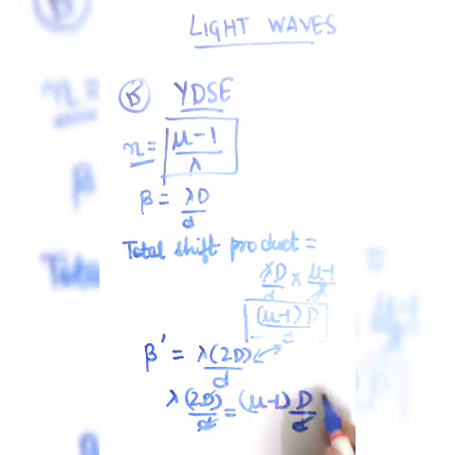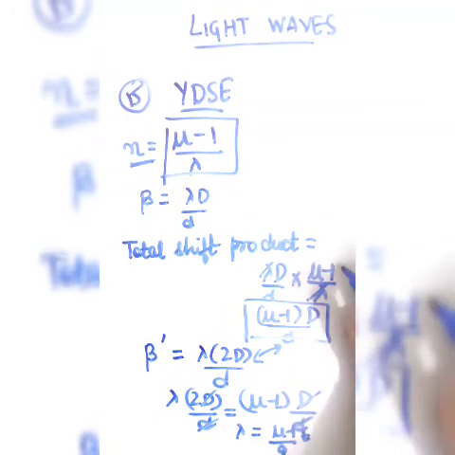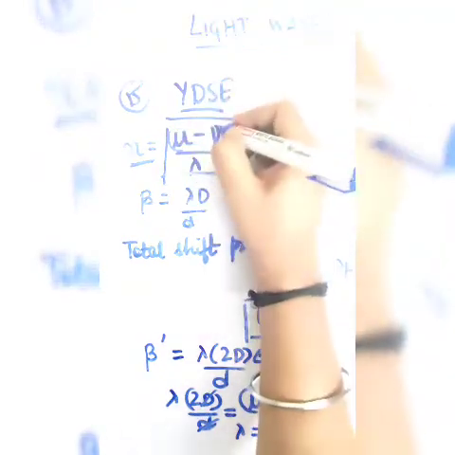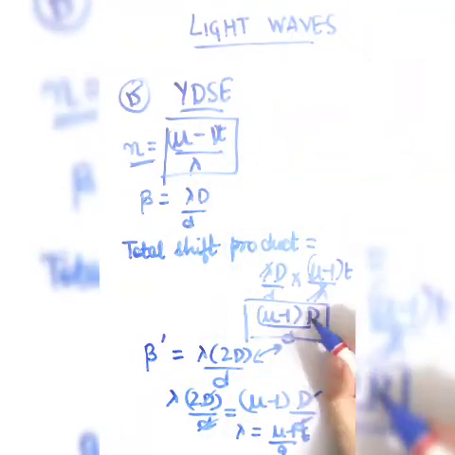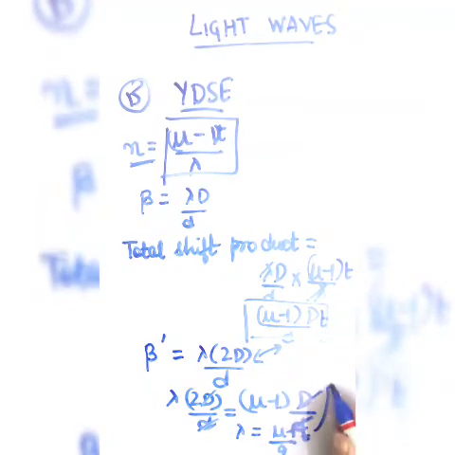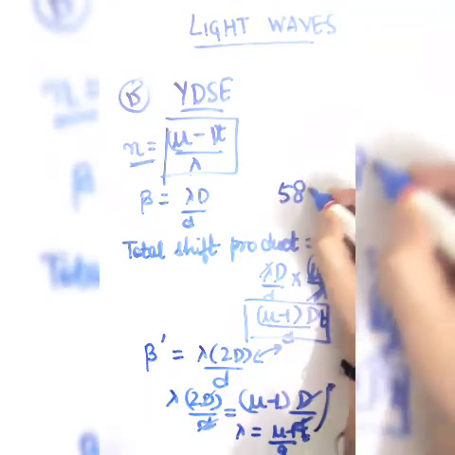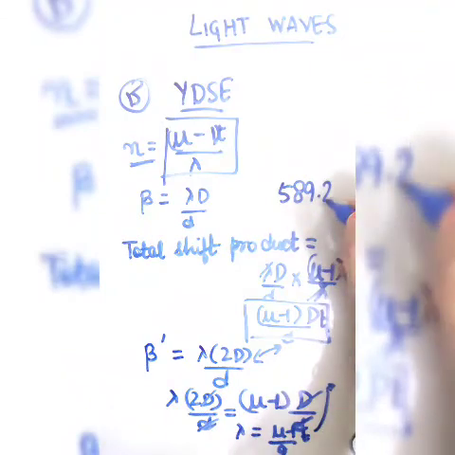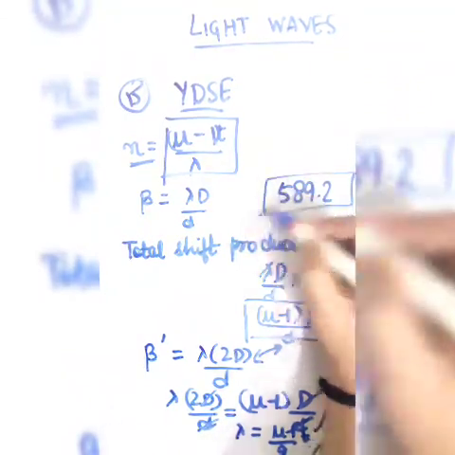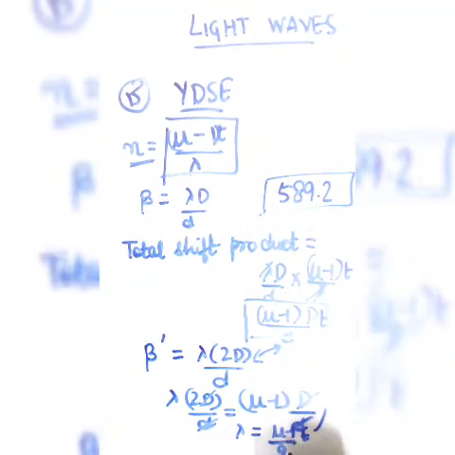Small d and capital D all get cancelled, and the value of lambda would be mu minus 1 into t by 2. If you solve the entire expression, you will get the value to be 589.2 nanometers. So this would be your final answer after putting in all the values in this expression.